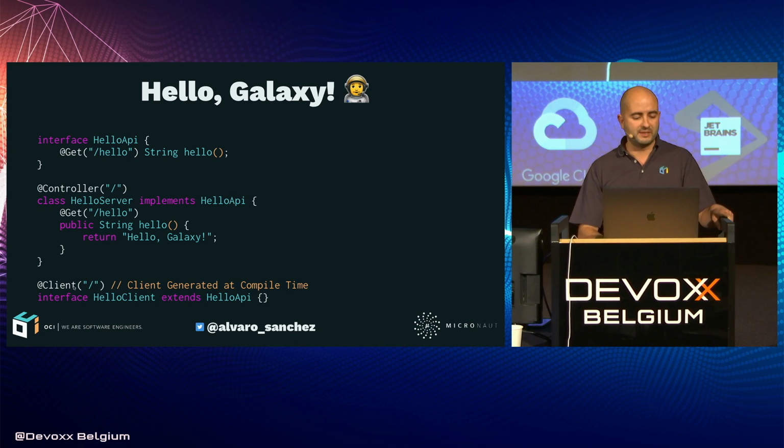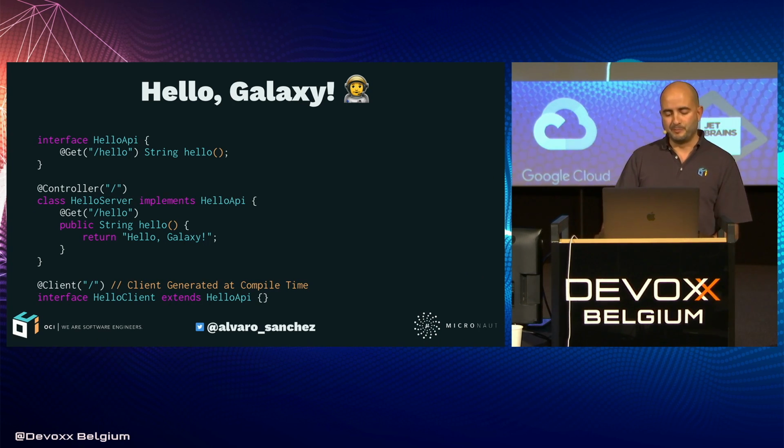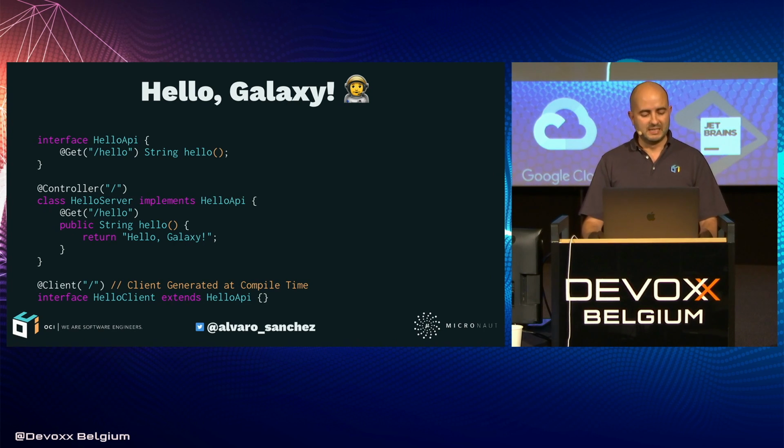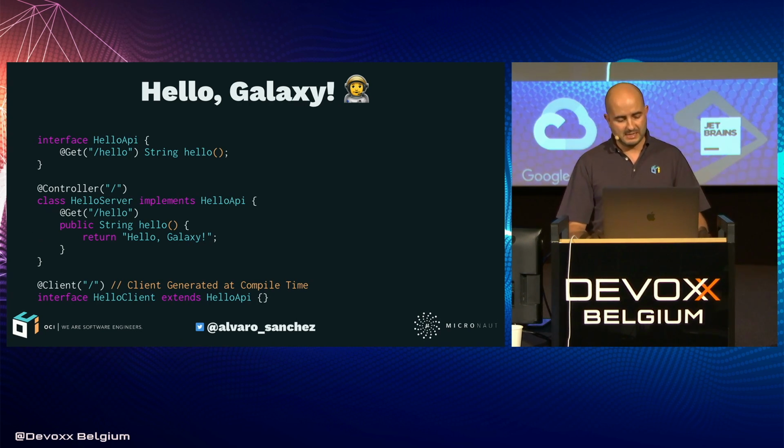One of the interesting things here is, for instance, this client for this controller. So this is actually runnable code. So this could be in a file together with a build file for the dependencies, and it'll work. The client annotation here will generate an HTTP client at compile time.